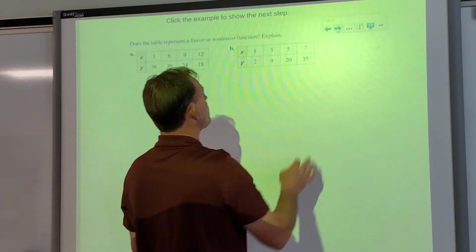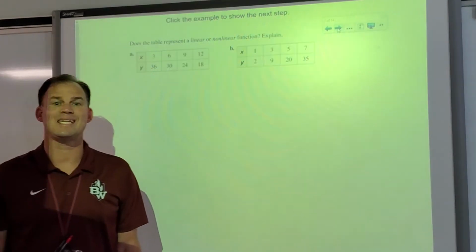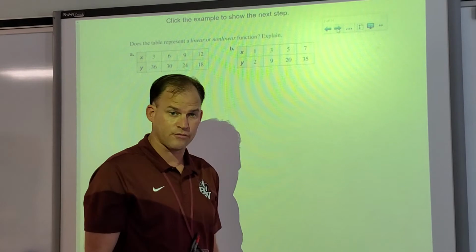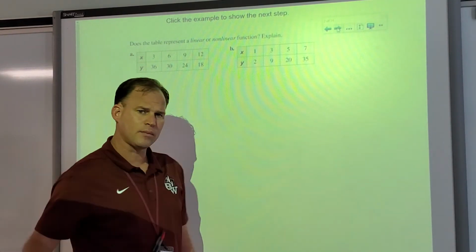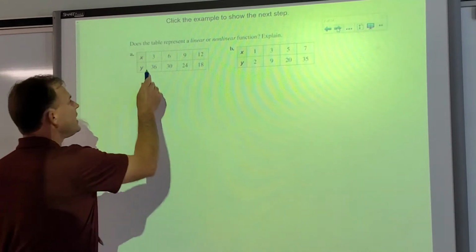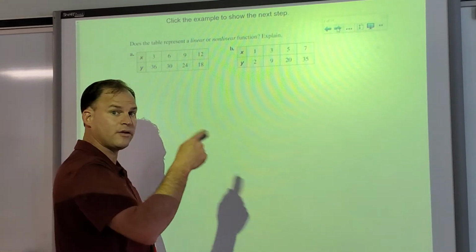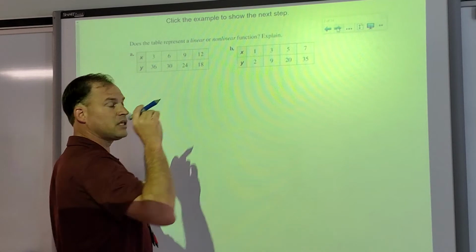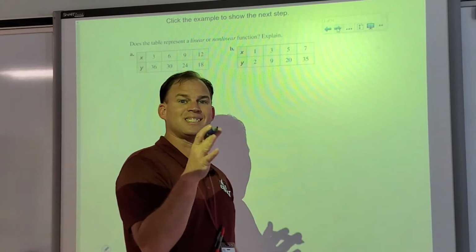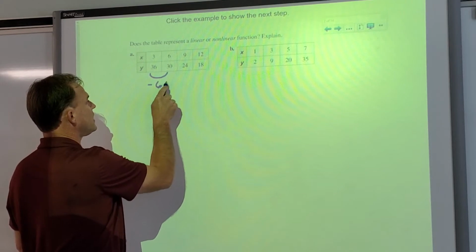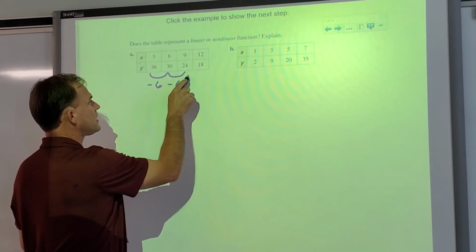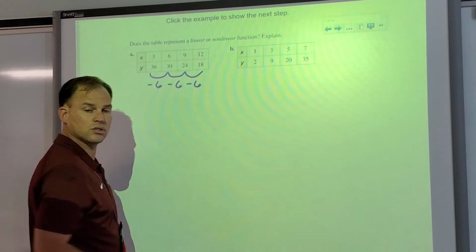Now, we need to be able to make that determination if it's not a graph, just given the information in different ways. So right here, what I look at when I'm looking at linear or nonlinear is the change, the rate of change. And if it's linear, the rate of change is consistent. So here we go. This is going down 6, down 6, down 6.